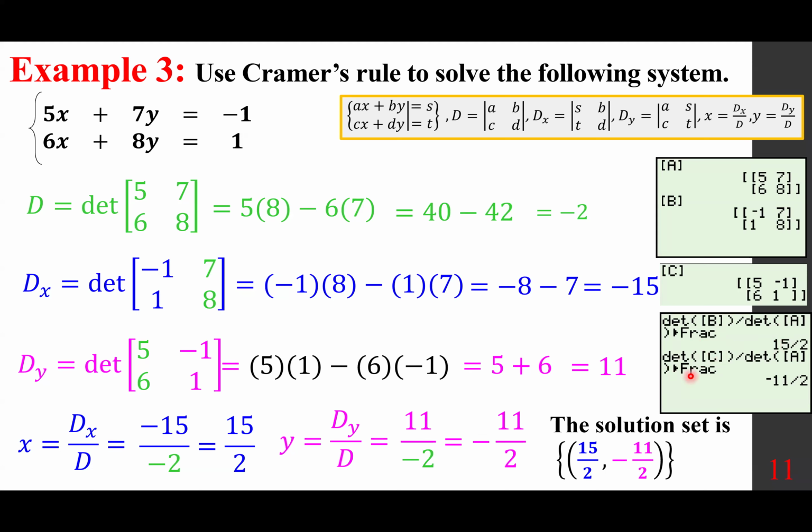The determinant of C over the determinant of A, and change it to fraction, is negative 11 halves. So very fast you can come up with the answer. It doesn't take long, everybody. So for a 2 by 2 matrix, Cramer's rule is pretty straightforward.